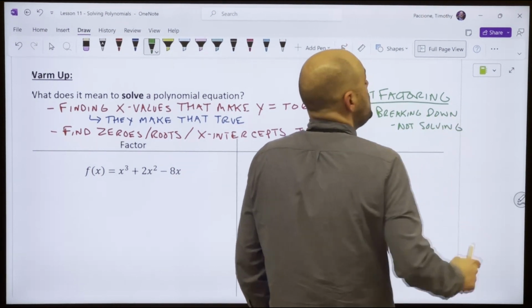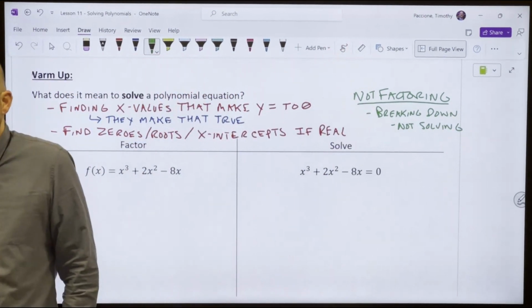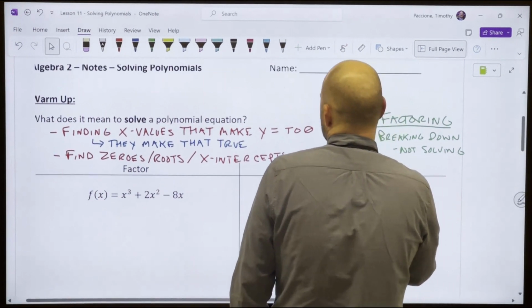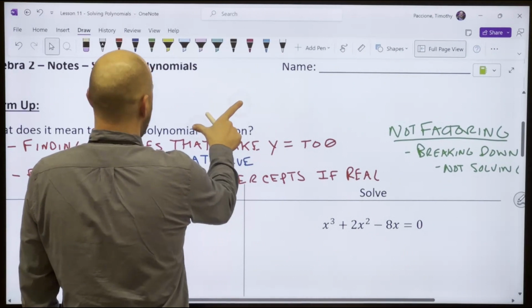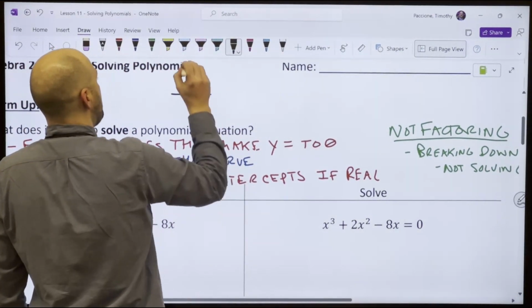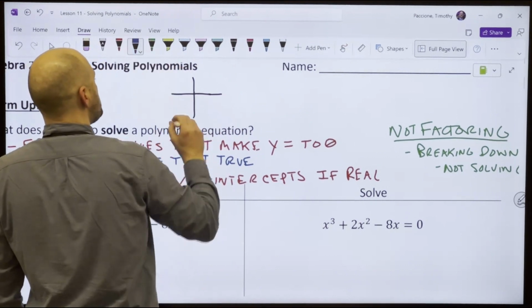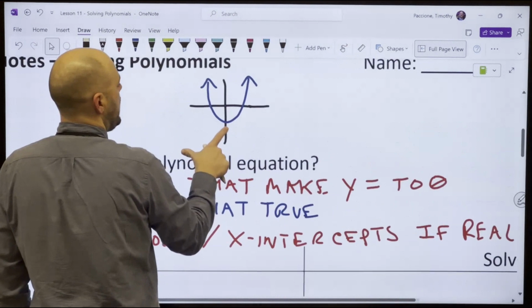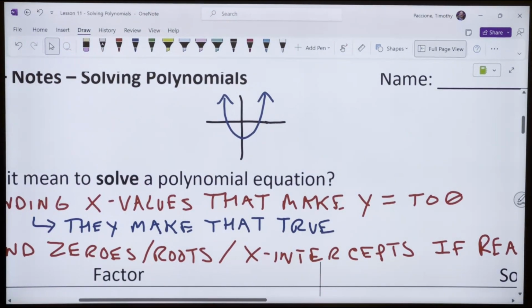All right. Last piece, and then we'll move on to examples. Let's look at some quick, just little, sketches, and you can choose whether to draw these or not. Let's think back to what we remember about solving. So, say I have this parabola here, right? How many solutions does that have? Real solutions? Two.